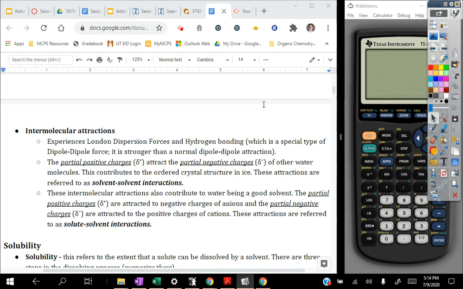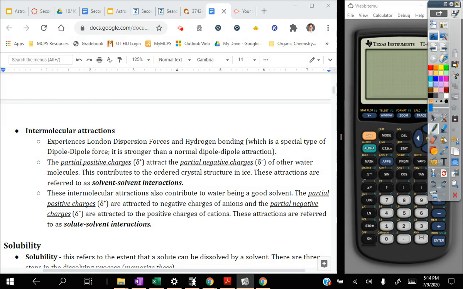But the ones that are really important are the dipole forces. So the dipole of one molecule is attracted to the dipole of another molecule. Specifically, in water, we're dealing with hydrogen bonding, which is a special type of dipole-dipole force, and it is stronger than a normal dipole-dipole attraction. It is a terrible name because most students think, oh, it's bonding, therefore it's covalent.